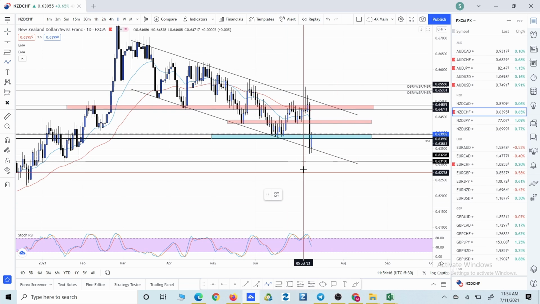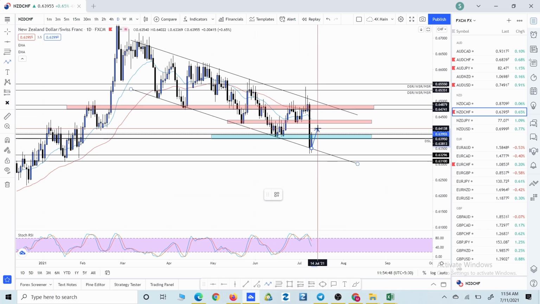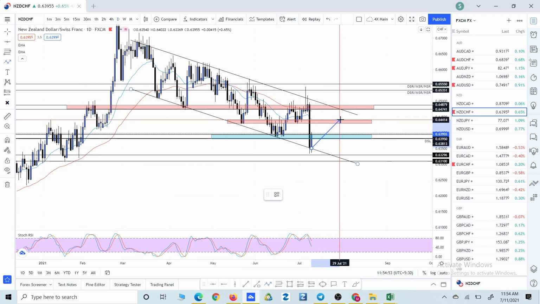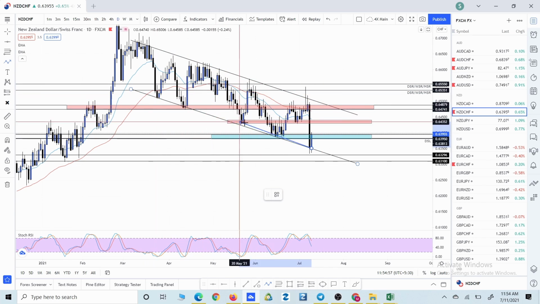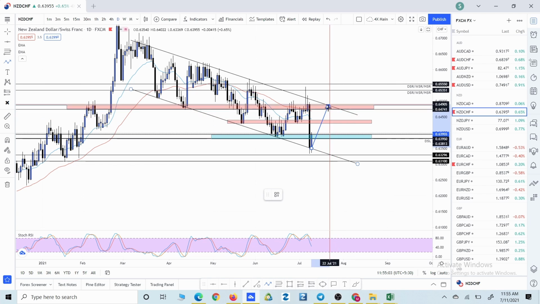Suppose what we are expecting from here, this is going to be the next resistance zone for the price. But as we can see, price is also moving in a channel. So if the price retraces back to this zone, we have the upper band of the channel acting as a resistance.